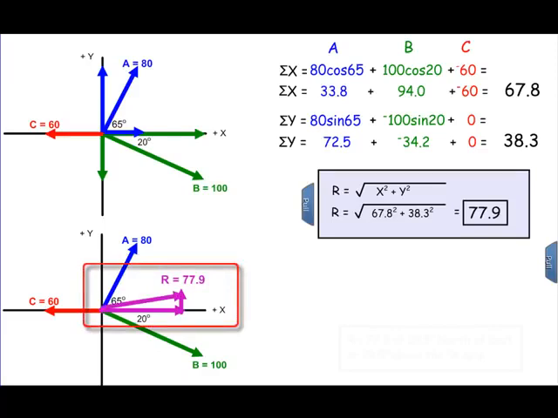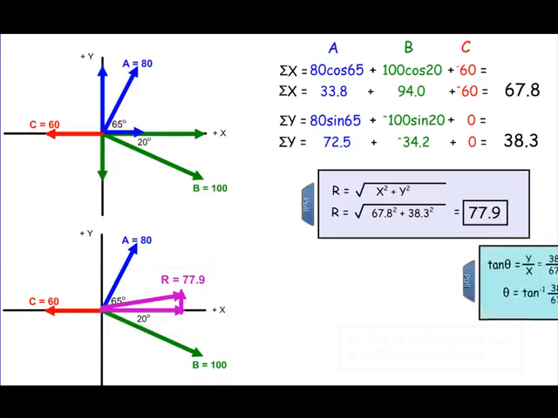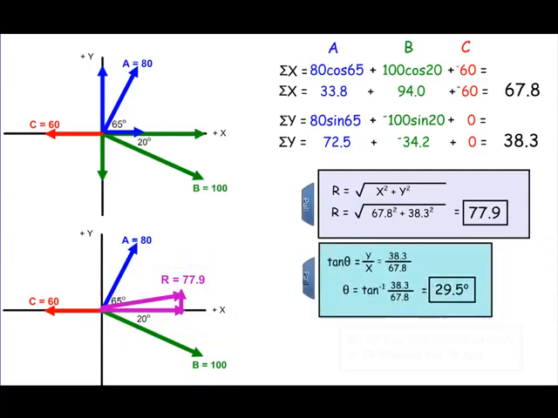value is. To find the direction, we have to use the tangent function. Let me pull this out. So the tangent of the angle, and we're talking about the angle between the x-axis and the resultant, is equal to opposite over adjacent. You can see that the opposite side is our value for the sum of the y components. That is 38.3.